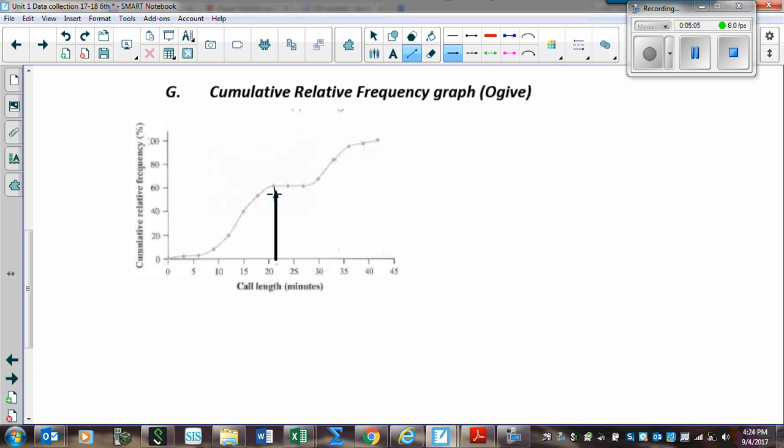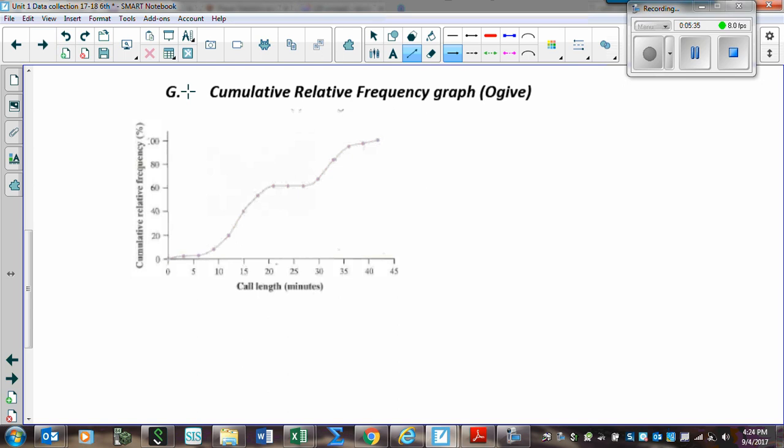And then to find the percentile, you would go straight across from there. And so we could say that a 21-minute phone call is about at the 60th percentile. In other words, about 60% of the calls are fewer than 21 minutes, and about 40% would be more than 21 minutes.